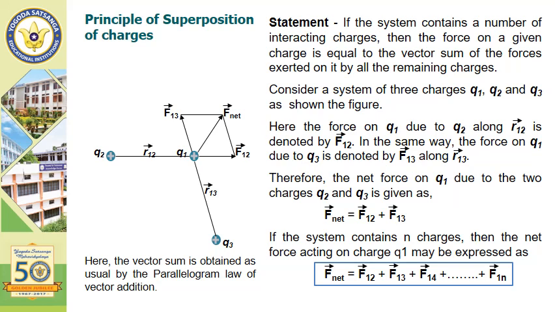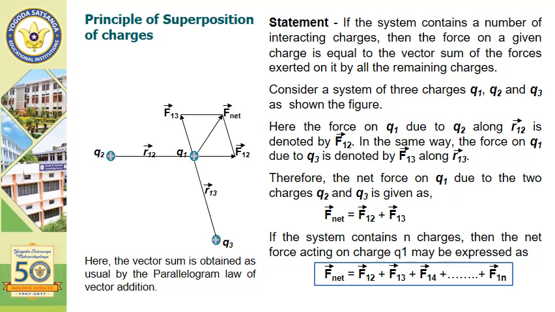Here the force on Q1 due to the charge Q2 is represented by F12, and the position vector is given as R12 vector, whereas the force on charge Q1 due to charge Q3 is given by F13, and the position vector is given as R13.